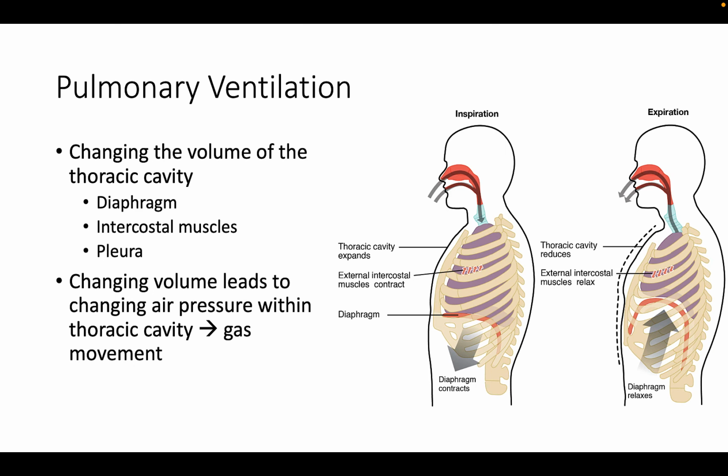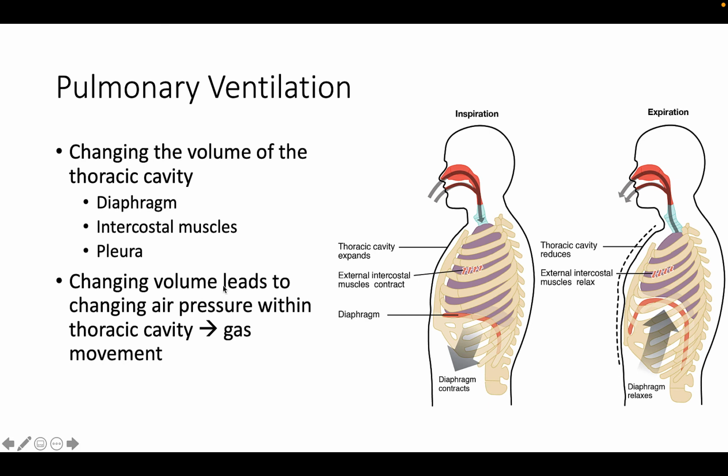And this creates pressure lower than the atmospheric pressure, which brings air into the lungs. Intrapulmonary pressure is less than atmospheric pressure. The air is going to travel down its pressure gradient. There's more pressure outside than in, so it's going to move the air in. And as a result, a pressure gradient is what creates the driving of air into the lungs.